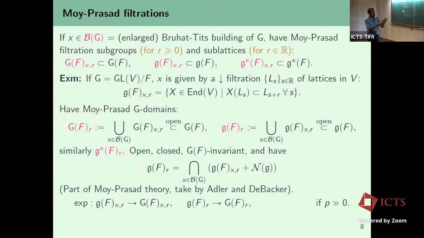But these are among the things that Moy-Prasad theory makes available for us to understand neighborhoods of the group and handle things. If r is sufficiently large, the exponential map always takes the Lie algebra filtration to the group filtration, and similarly with these open G-invariant neighborhoods.